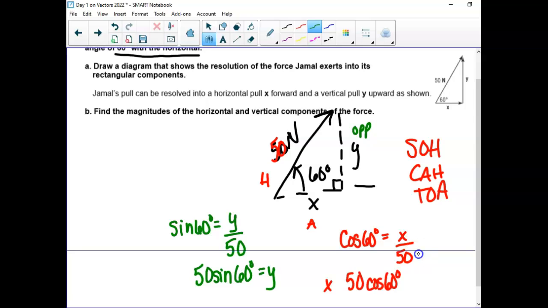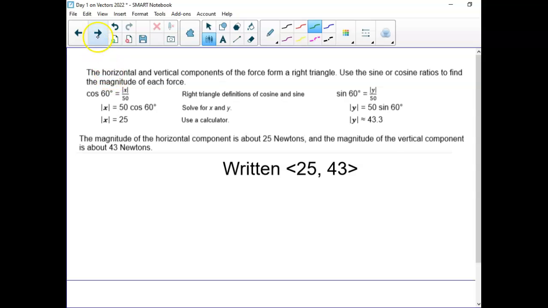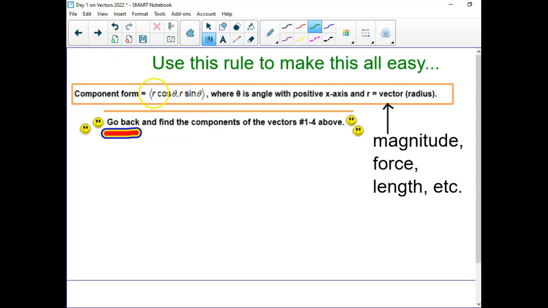Well, this is going to work as long as we always have an angle off the positive x-axis measured correctly in either a positive or negative amount. It's always going to give us our x and y if we simply do the length times the cosine to find the x, and the length or magnitude times the sine to find the y.